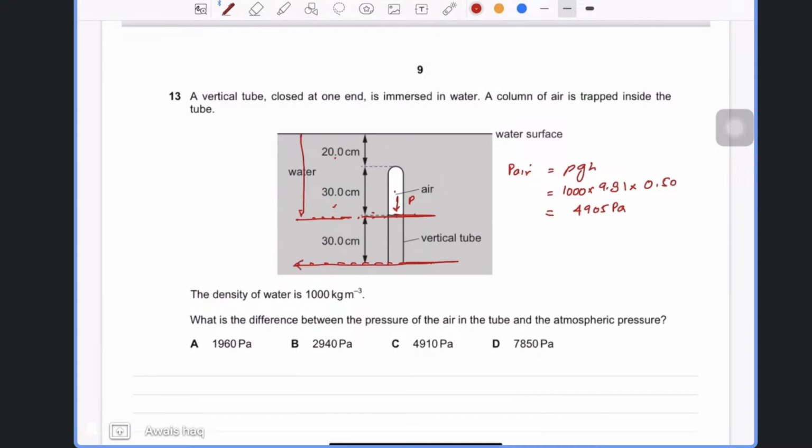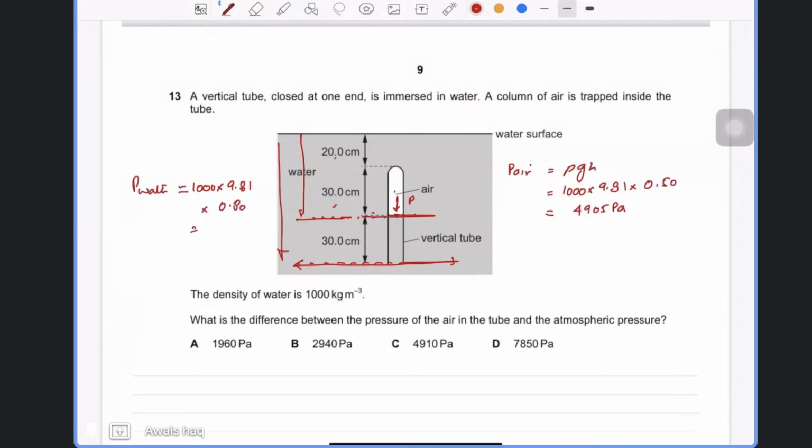Then you have, from here till here, you will see that that's the depth of water that's trying to balance it out. So which means that we're gonna say that pressure of water at that depth is going to be 1000 times 9.81, and the depth is 0.80.